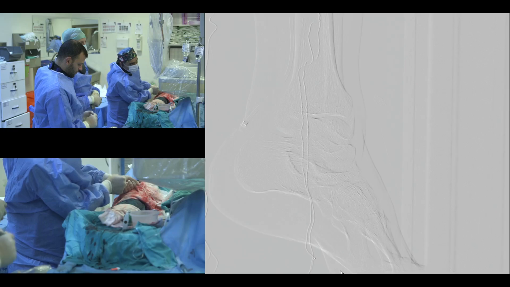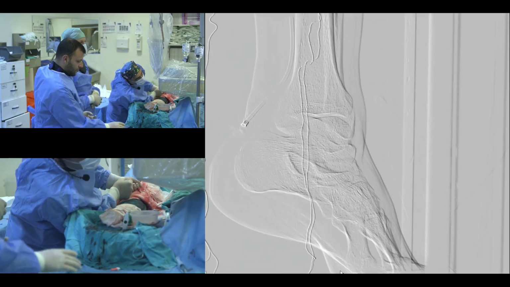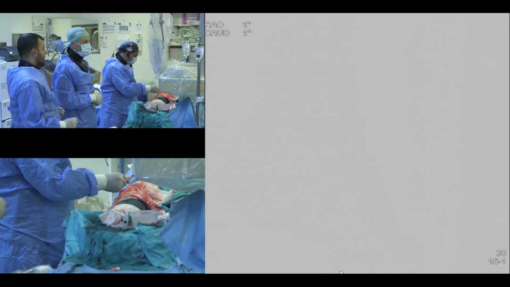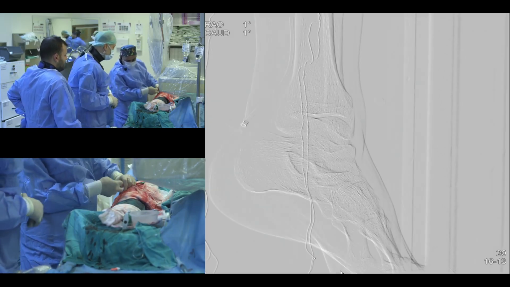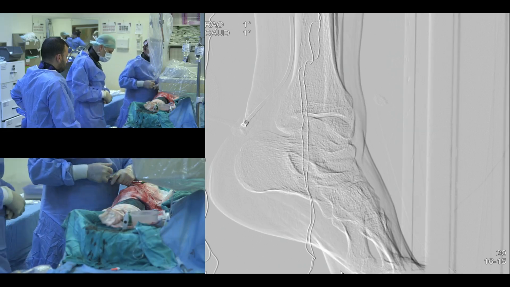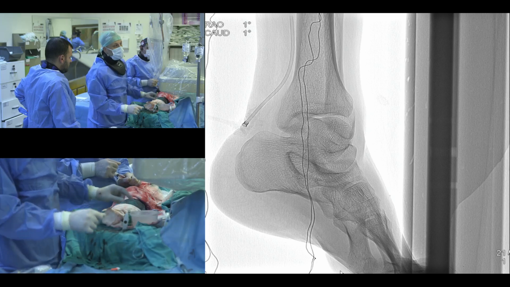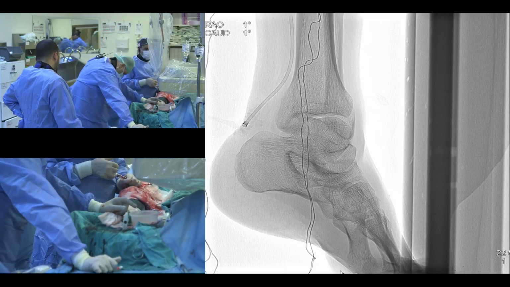Because the tibialis posterior artery is large here, maybe we are in a collateral artery.